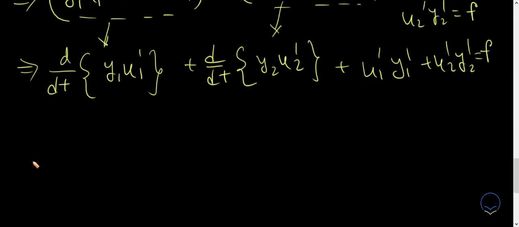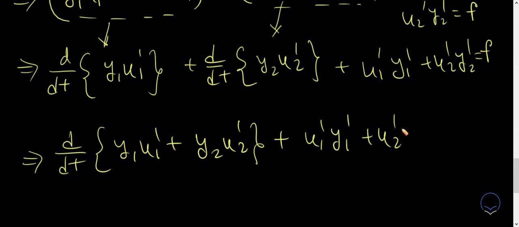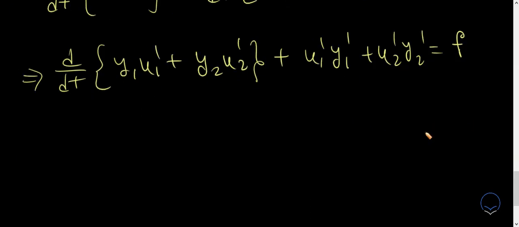Now derivative is a linear operator, so let's combine them. That is d/dt of (y1 u1 prime plus y2 u2 prime) plus u1 prime y1 prime plus u2 prime y2 prime is equal to f. Now we have to impose some condition.